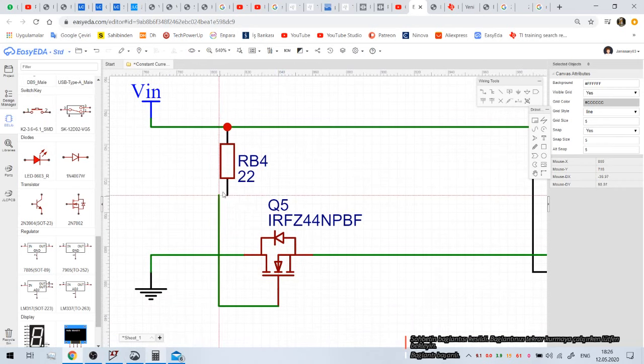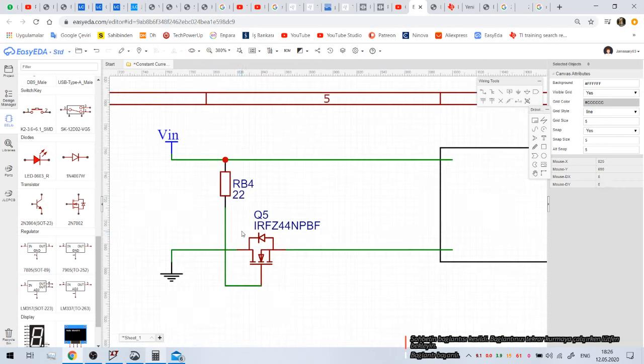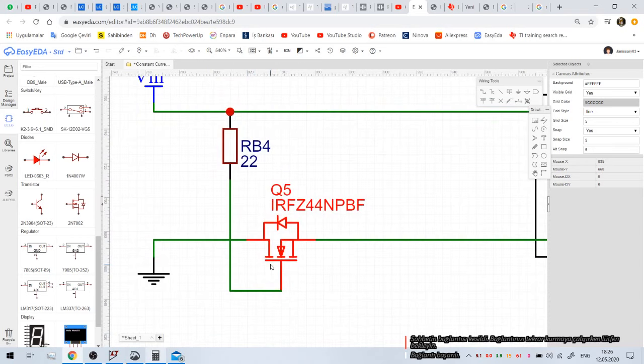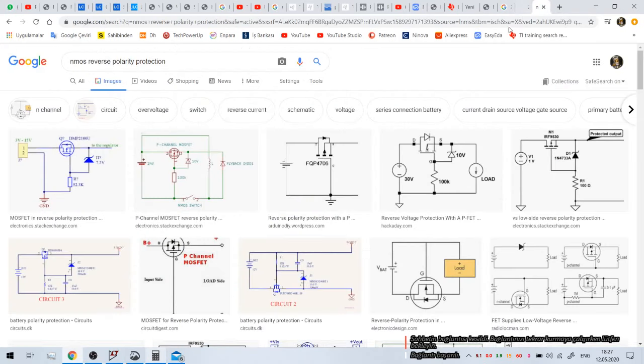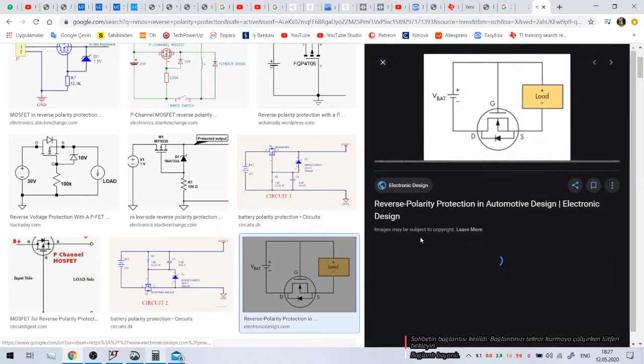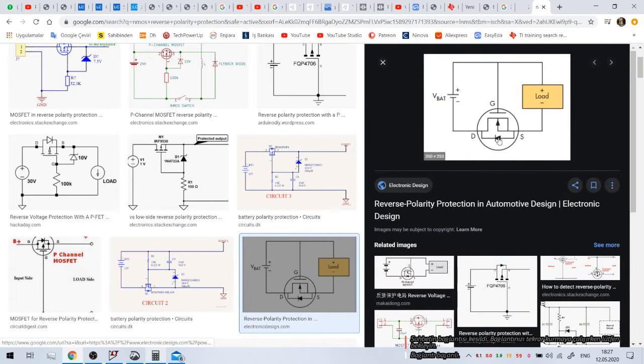Like this. This is somewhat confusing, but like this, yes. Observe this side: gate, drain, source.